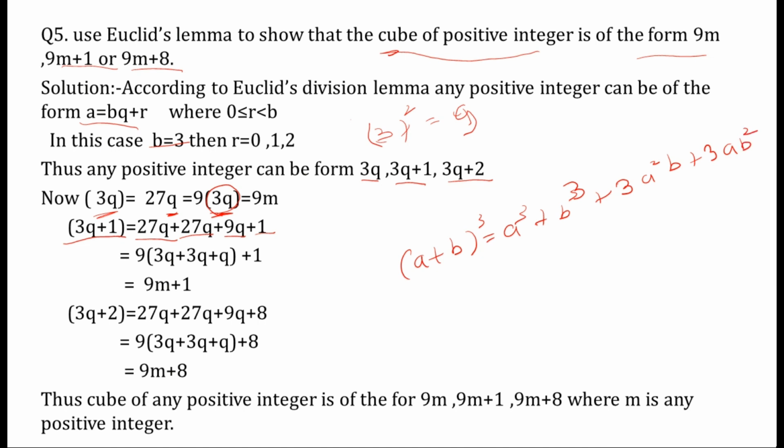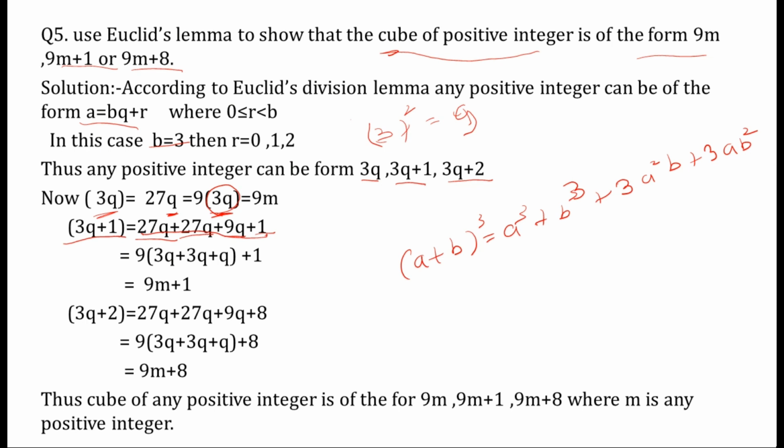On putting the values of a and b in this formula, we get this equation. From this equation, we take 9 as common, and we get 9(3q cubed + 3q squared + q) + 1.